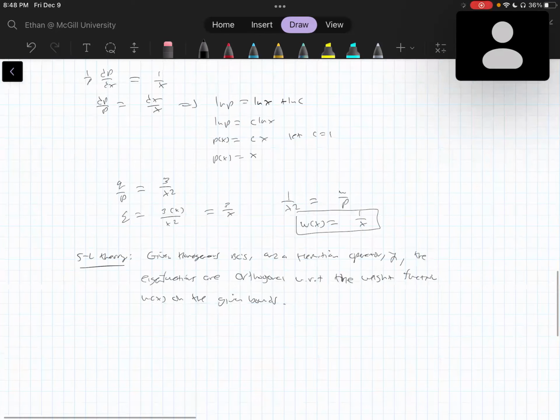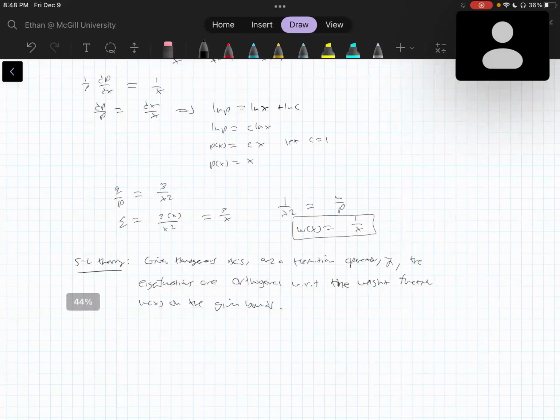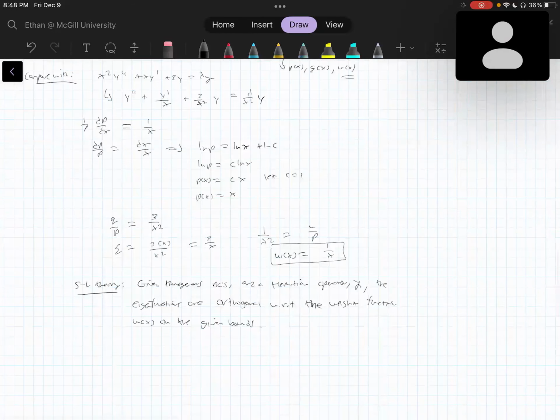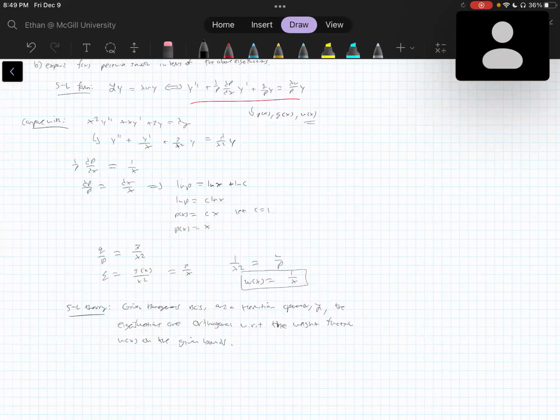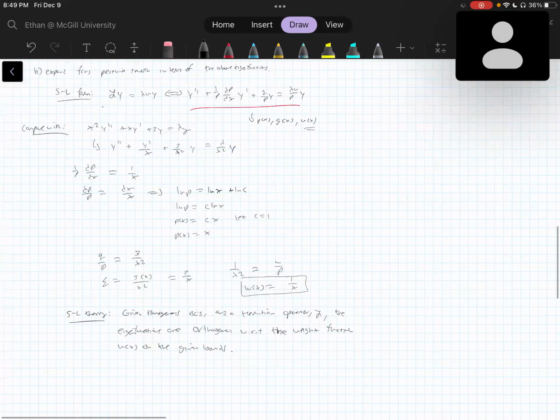Okay, so Sturm-Liouville theory states that given homogeneous boundary conditions and a Hermitian operator, the eigenfunctions are orthogonal with respect to the weight function on the given bounds. So for our case, to check that this holds true, we have a Hermitian operator, which you've already checked. That's just this here in the Sturm-Liouville form. That's what we've used to find w of x.